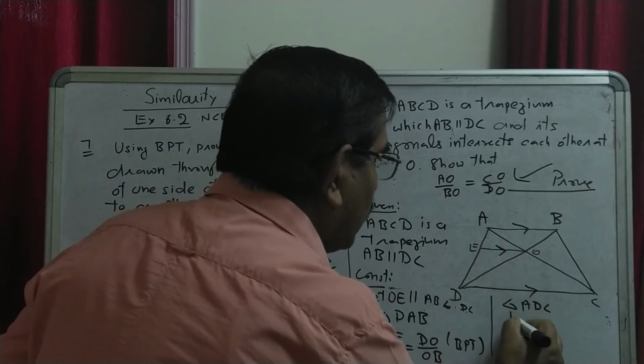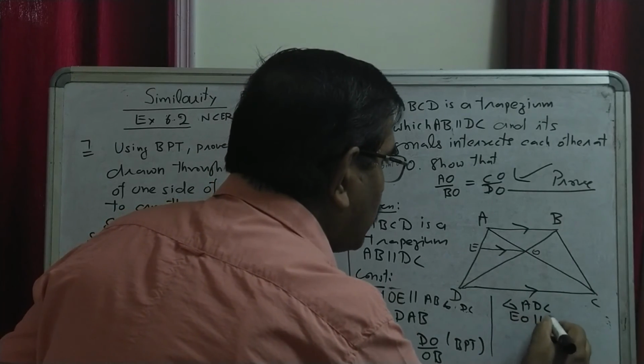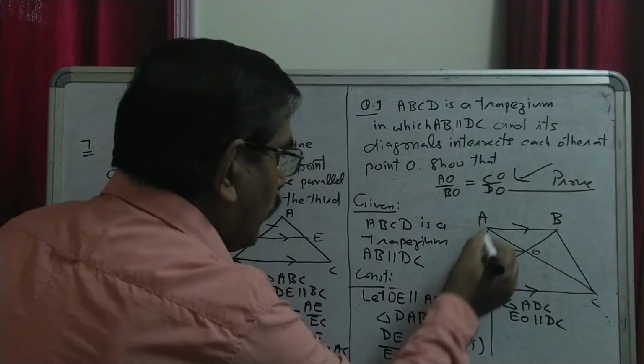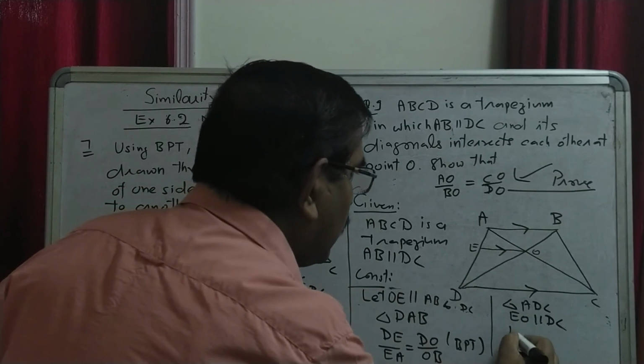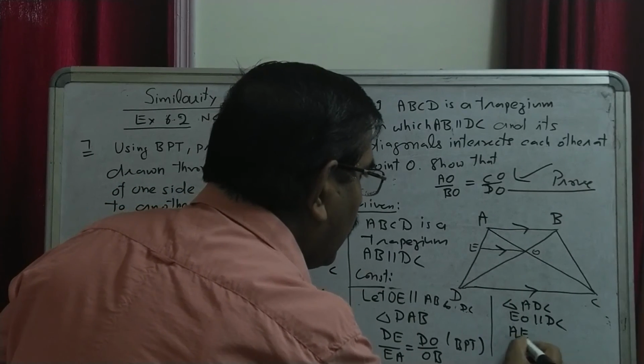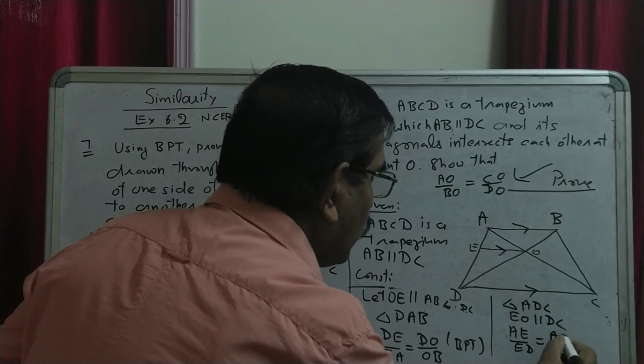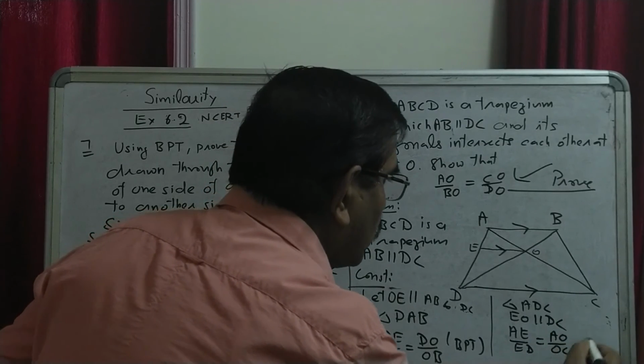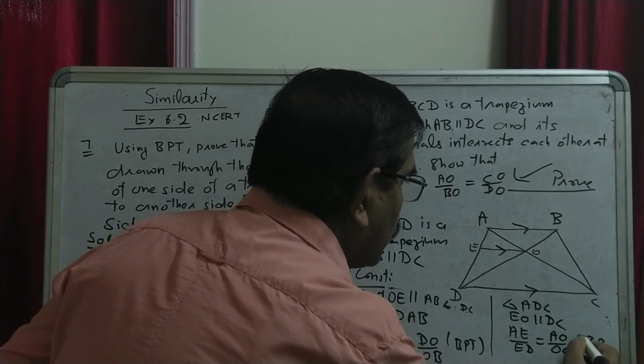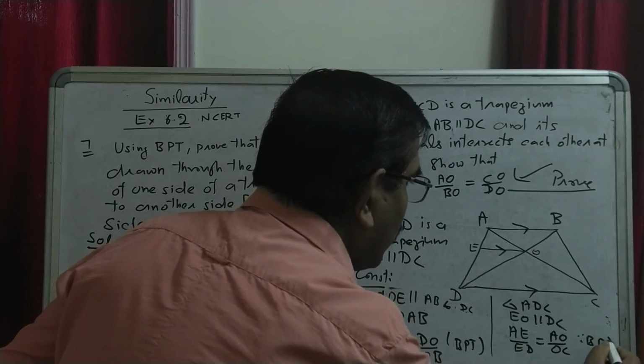In this triangle, EO is parallel to DC. From here you get AE over ED is equal to AO over OC. Again, we have used BPT here.